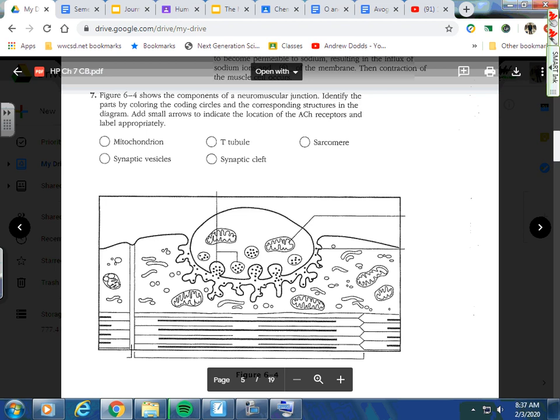For your quiz tomorrow, I'd also like you to be able to label this thing. If you want to mark that, number 7. So what we have to label on here, we have to label these guys, which are the synaptic vesicles.